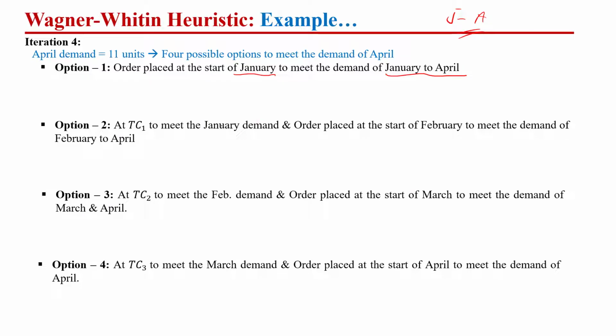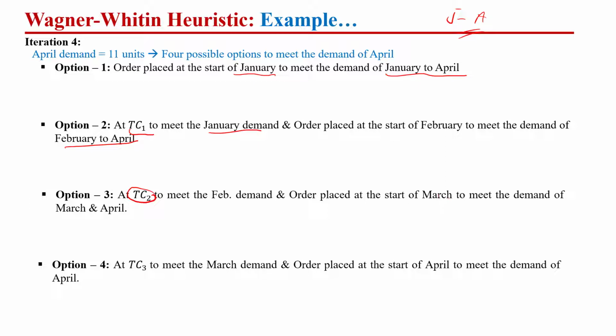Option number 2 is TC1, that is basically the optimum cost to meet the demand of January. That means we are placing the order at the start of February to meet the demand of February to April. Then option number 3 is TC2. That is basically till February we got the optimum cost, and then from March to April we need to decide.